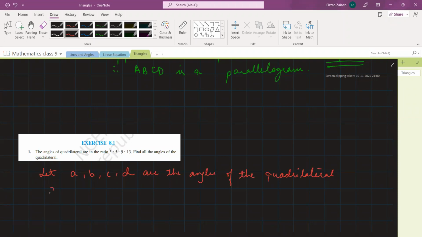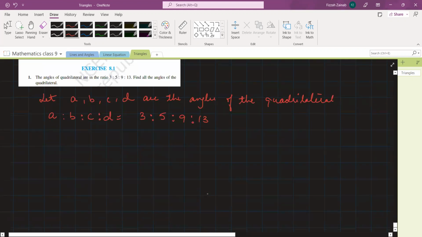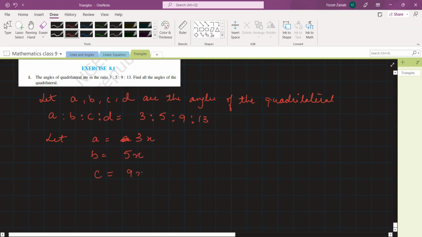So basically what is given is that A is to B is to C is to D is equal to 3 is to 5 is to 9 is to 13. So we cannot say that A is equal to 3, B is equal to 5. No, I have discussed it before also. So we say that let A is equal to 3x, B is equal to 5x, C is equal to 9x, and D is equal to 13x. Is that clear?